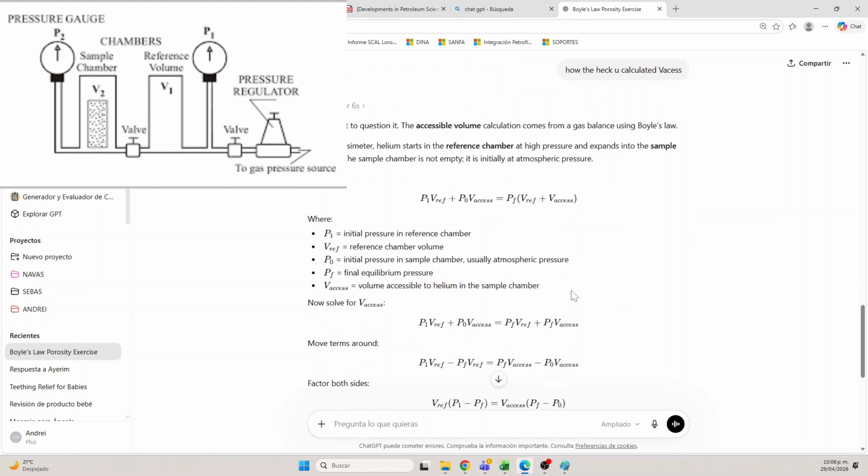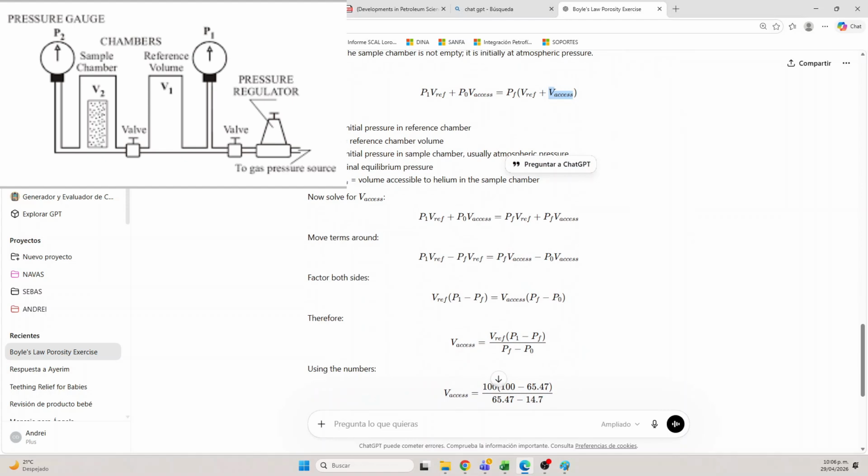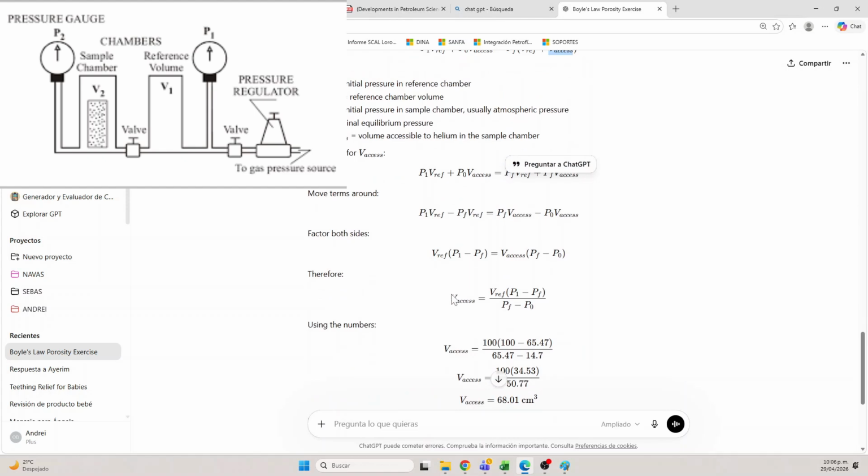If we want to get the accessible volume from this equation, we have to move terms around and factor both sides. The final equation we get is that the accessible volume is the reference volume times the initial pressure in the reference chamber minus the final equilibrium pressure, and then we divide all of that by the final equilibrium pressure minus the initial pressure in the sample chamber.